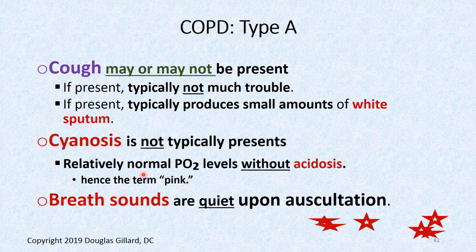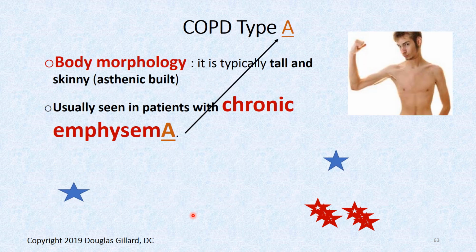Cyanosis, the blueness, as we said, these are pink puffers, so they're not going to be cyanotic. You do some blood gases on them, they have normal levels of O2. They don't have acidosis because they're still able to excrete or push out CO2. Remember, to make CO2 from bicarbonate, you suck hydrogen ion out of the blood. If you auscultate these patients, they're usually fine with auscultation.